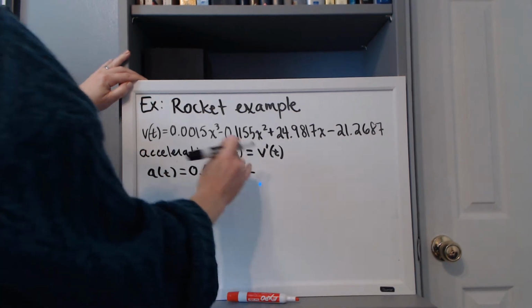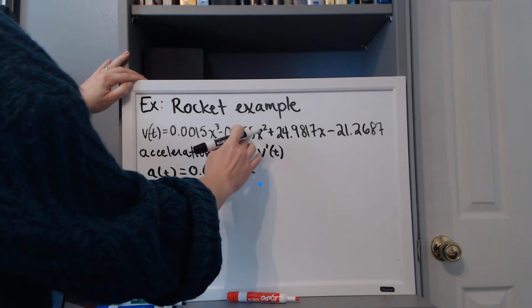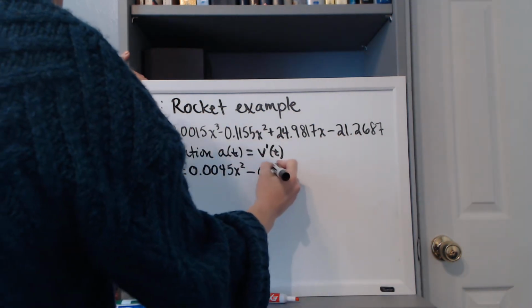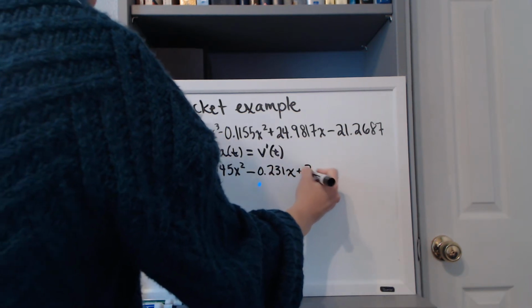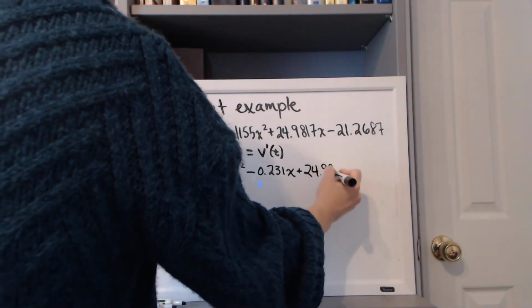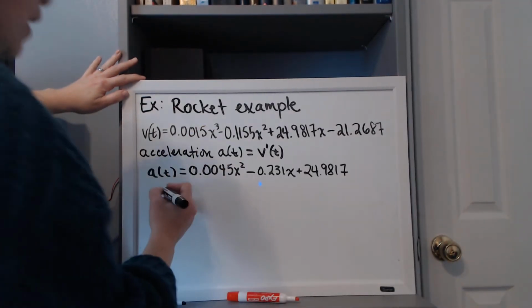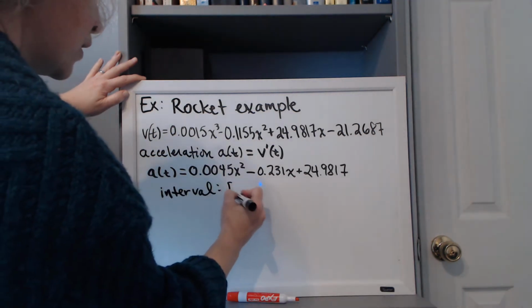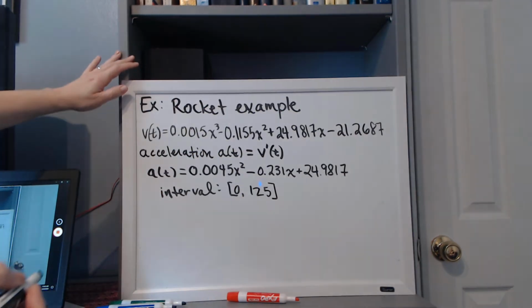Then we subtract 1155 times 2, so we get 0.231 x, and then plus 24.9817. So here is our function, and the interval is 0 to 125. Okay?